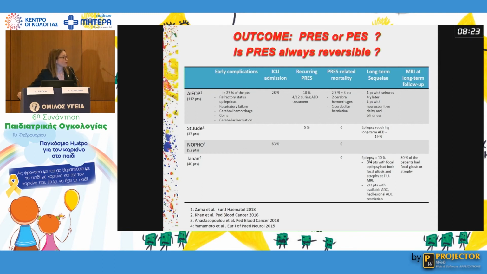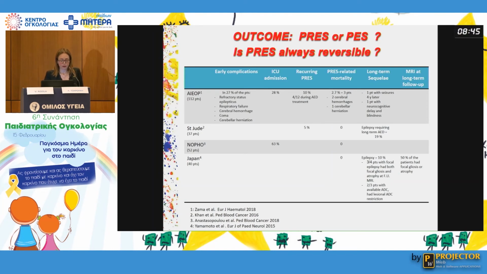And what about PRES-related mortality? The majority of the studies say zero mortality, but when the number of patients increases, there are rare cases of PRES-related mortality, estimated at around 2.7%.